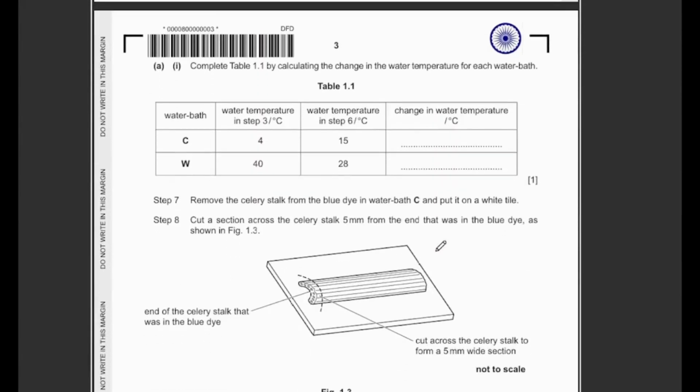Now complete Table 1.1 by calculating the change in the water temperature for each water bath. Now see, in a hurry, what most students will do is calculate from final. So this is initial and this is final. Directly what you will do is final minus initial, F minus I, that is 15 minus 4.